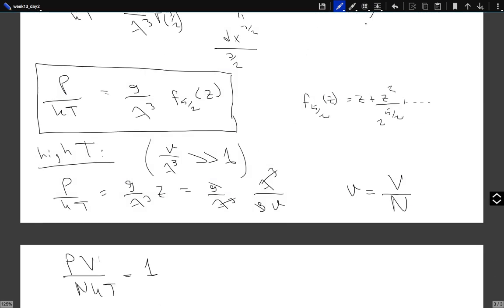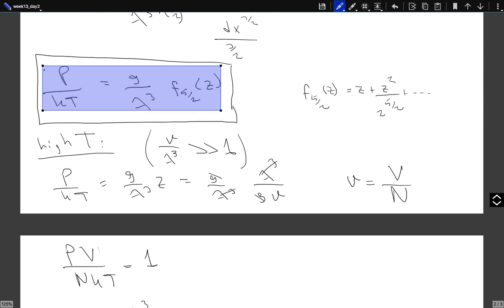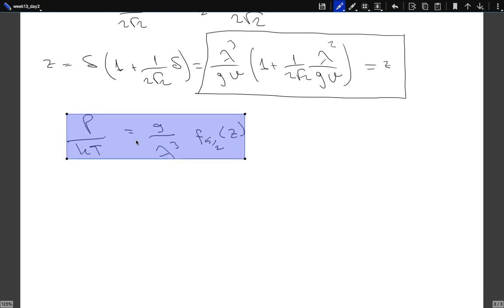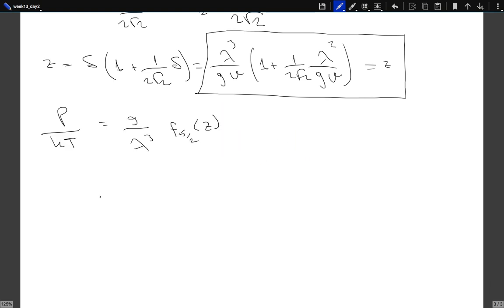Well, then we have what the pressure is. This is equal to g over lambda cubed times f_{5/2}(z), which is z minus z squared over 2 to the power 5 halves.